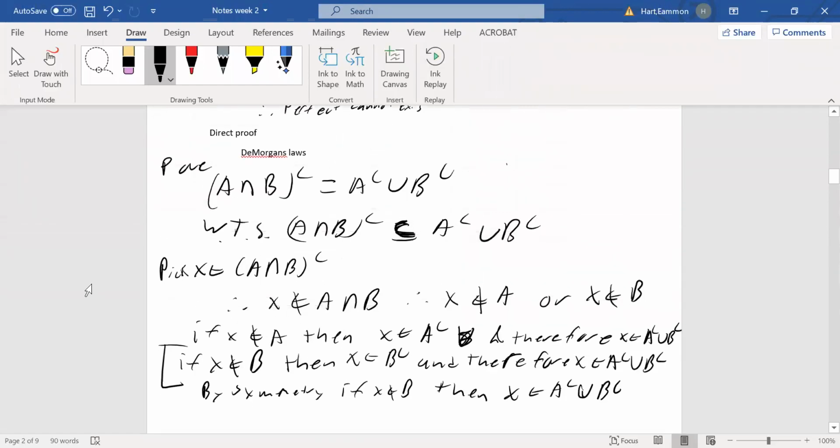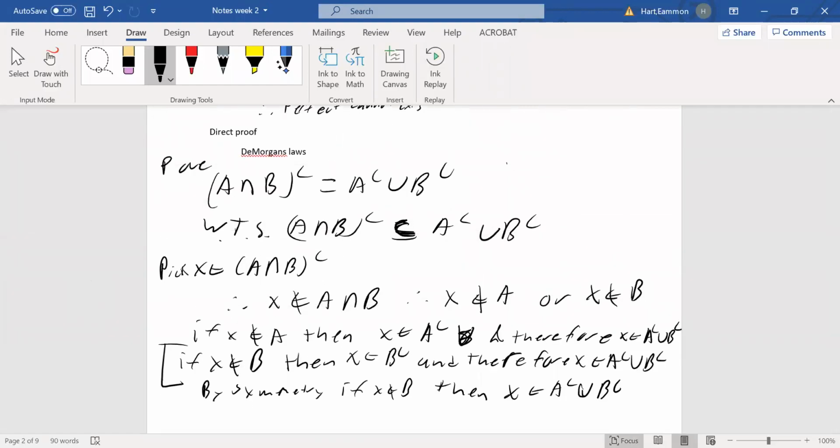So we just showed that, therefore, because this is an arbitrary element of this guy, it's also in this guy, we have just showed that A intersect B complement is a subset of A complement union B complement.